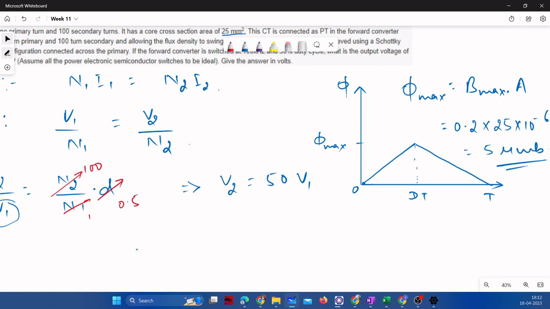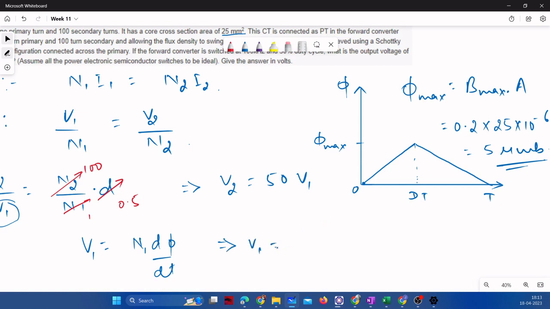First of all, let me write the relation of voltage with flux: N d phi by dt. Since we are dealing with the primary side, we will write the primary voltage and the number of turns on the primary side.